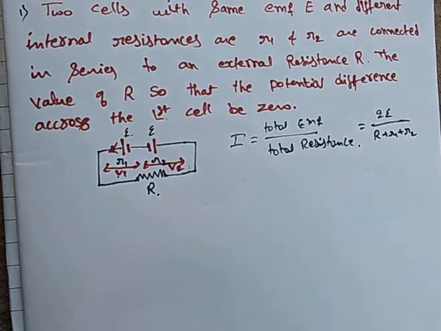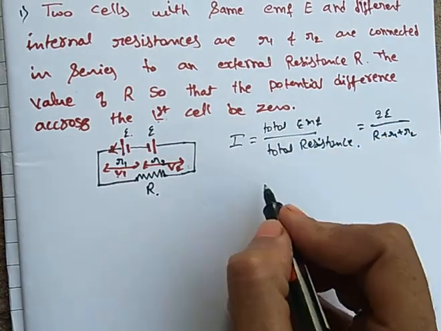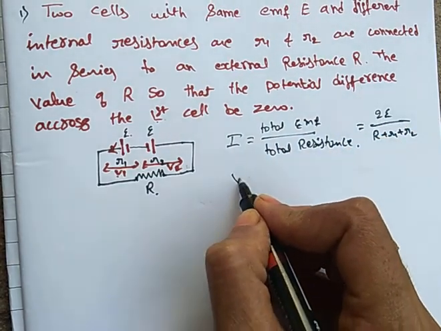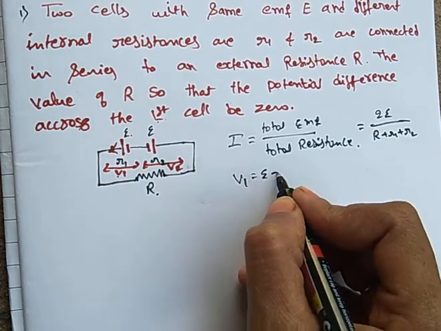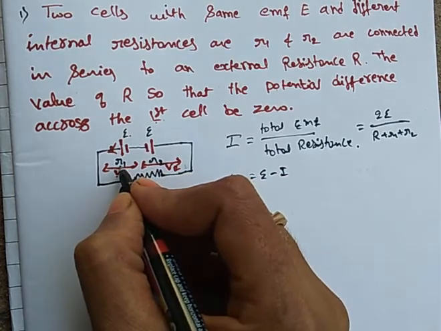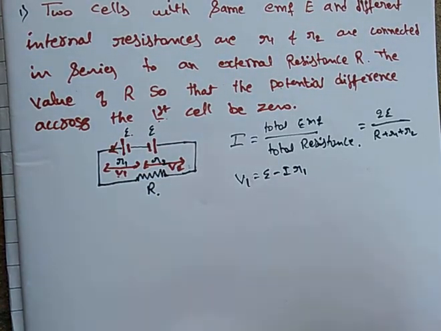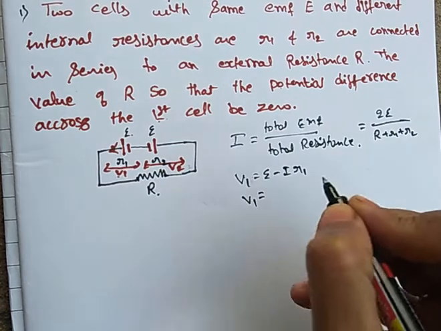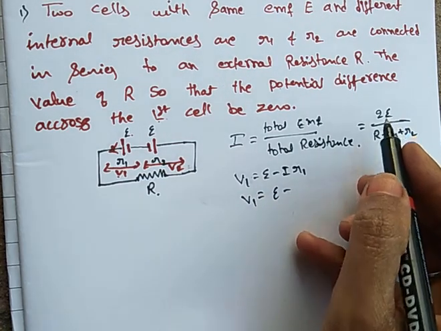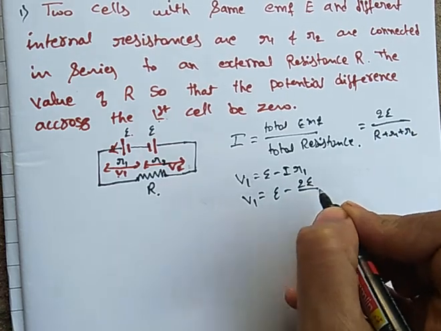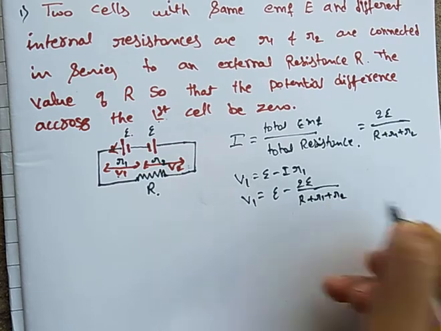Now for the first cell, the potential difference is V1. V equals epsilon minus I into R1, taking R1 for the first cell. So V1 equals epsilon minus I, where I is 2 epsilon divided by R plus R1 plus R2.